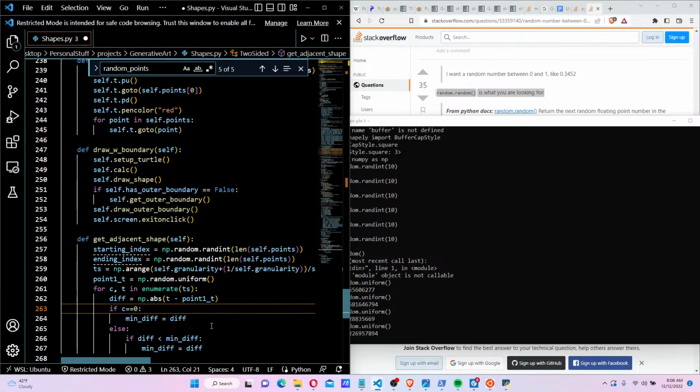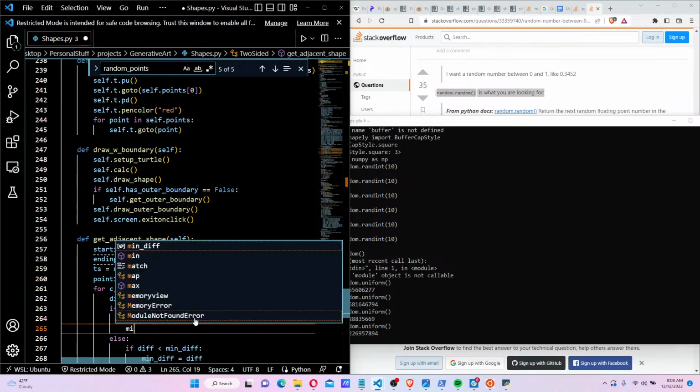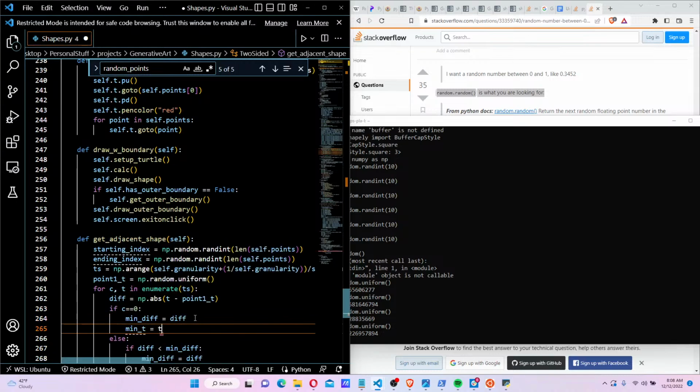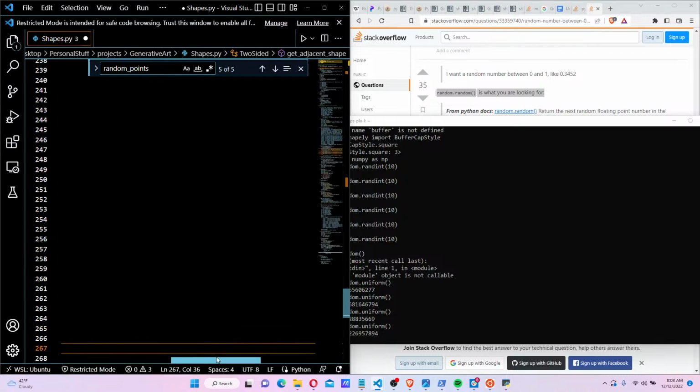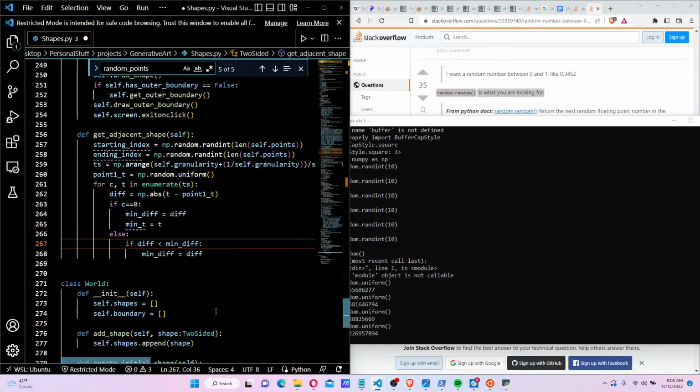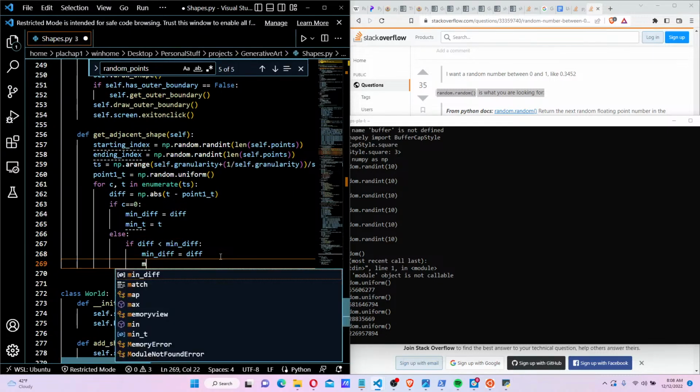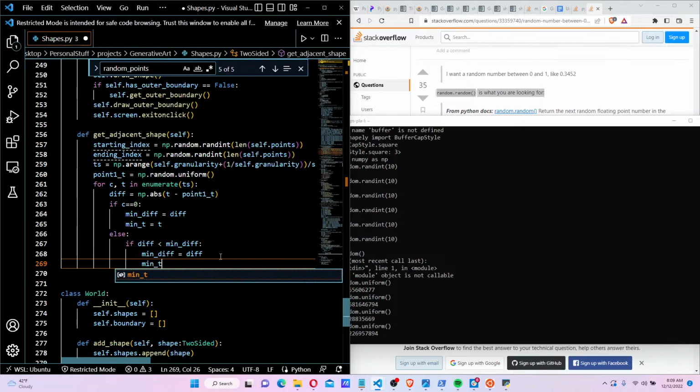Now, whatever the minimum difference is, and min t is equal to t, and then if diff is less than min diff, smaller, just rewrite min t is equal to t.